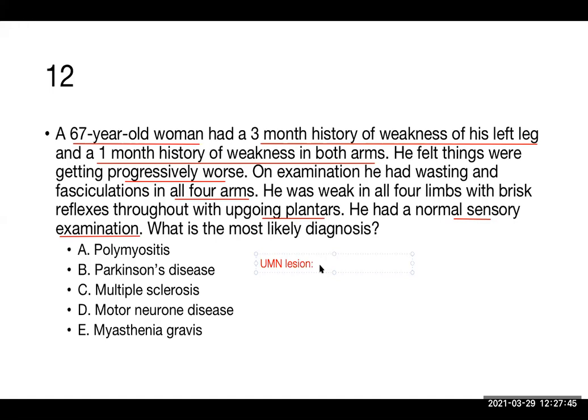So we call them corticospinal fiber. Any one of these can be damaged, and we still call it upper motor neuron lesion. This is a very, very important point.